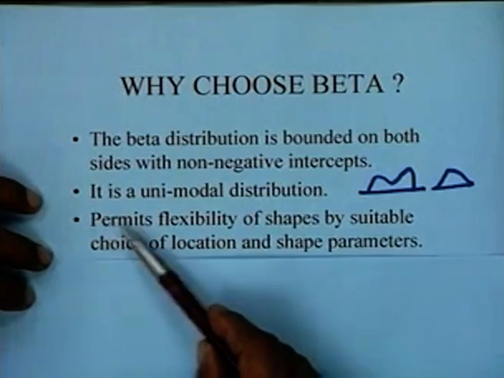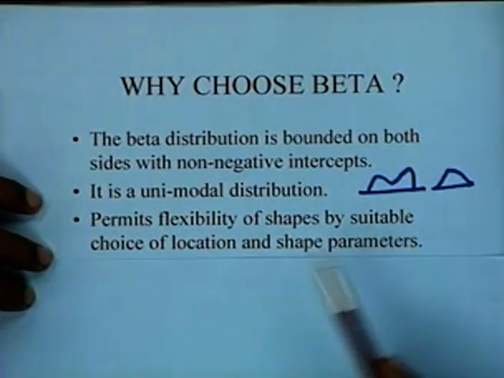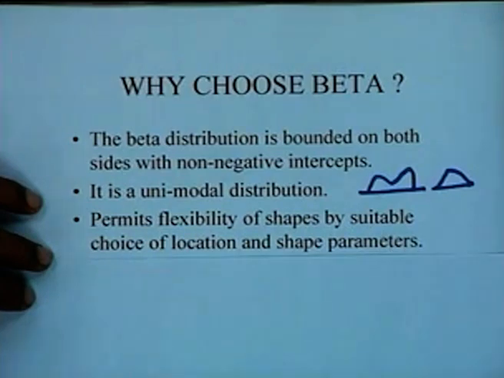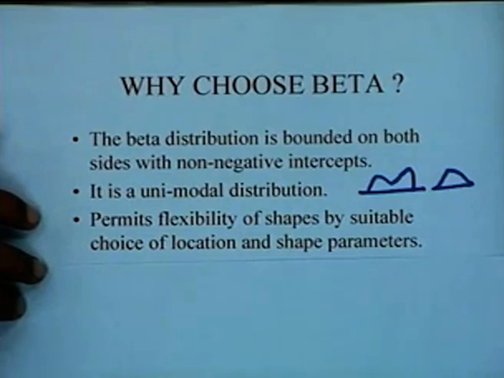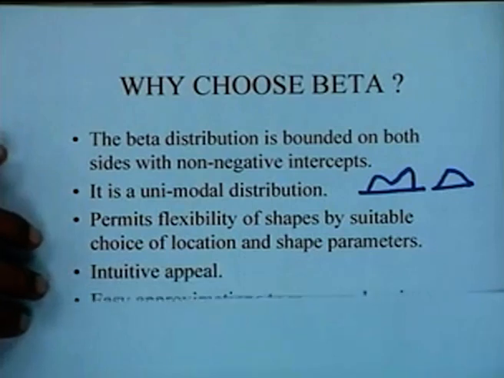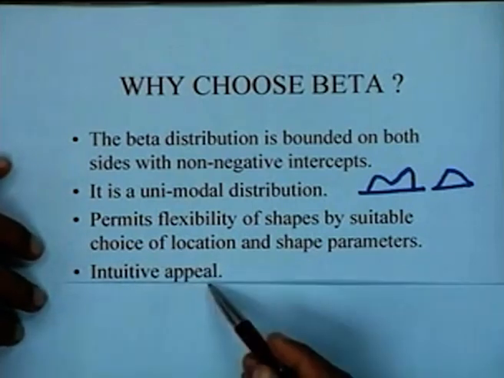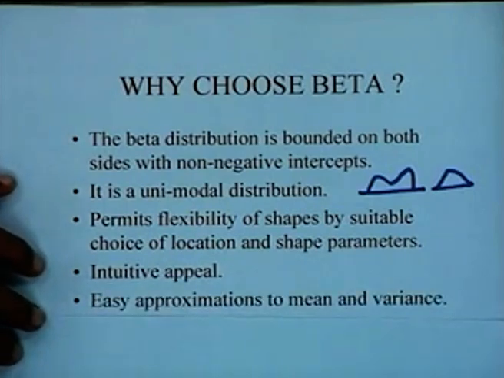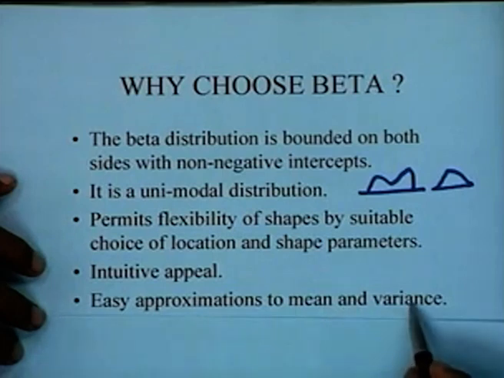Then the beta distribution permits flexibility of shapes by suitable choice of location and shape parameters. This we just saw, that by choosing different values of the shape parameters you can give a different shape to the distribution. It has an intuitive appeal because of the factors that we just mentioned, and it permits easy approximations to computations of the mean and the variance.